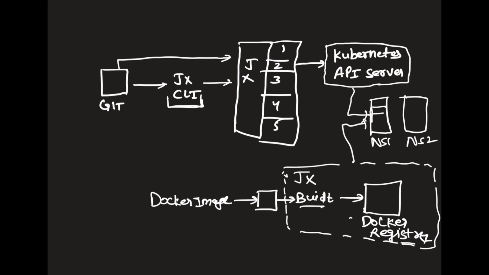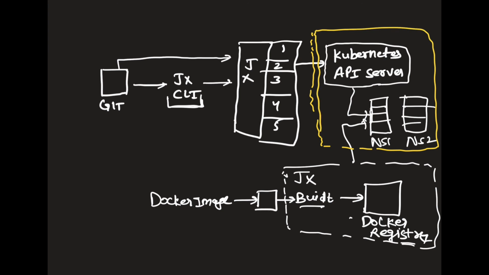So you can have multiple applications running inside your Kubernetes cluster, and that deployment is taken care of by the JX CI/CD pipeline. So let me bring a highlight here that this is my Kubernetes cluster, and this is my Docker registry.